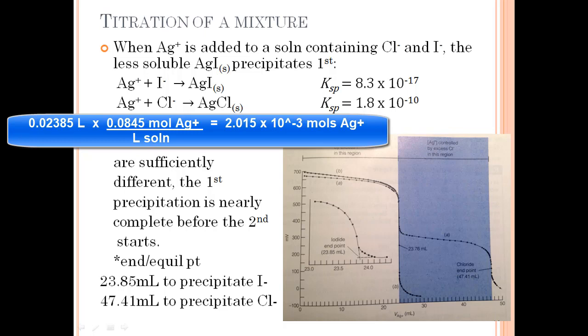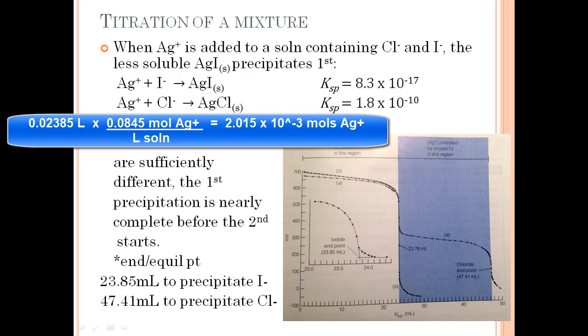So it would be 0.0845 times 0.02385. That'll give you the number of moles of Ag+ that were delivered, and that happens to be 2.015 times 10 to the negative 3 moles of Ag+.